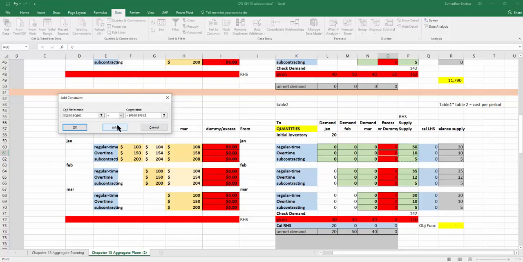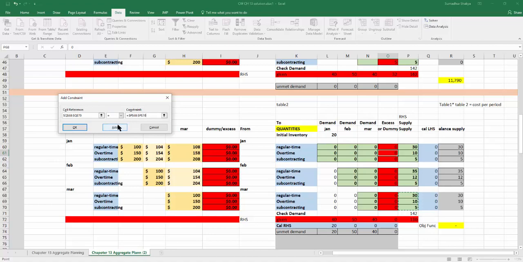This is only because I have this blank cell, otherwise I could have selected all in one go. Add all these 3 cells have to be equal to the right hand side. All these left hand side variables have to equal the right hand side variables given here.